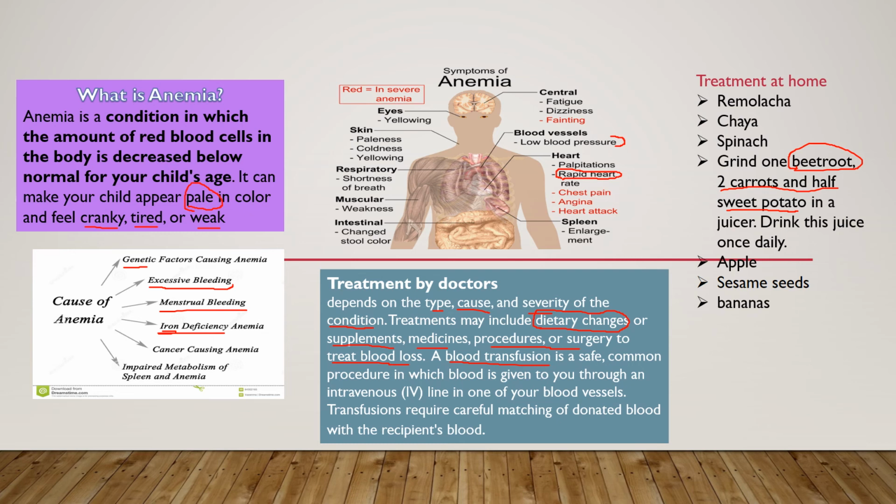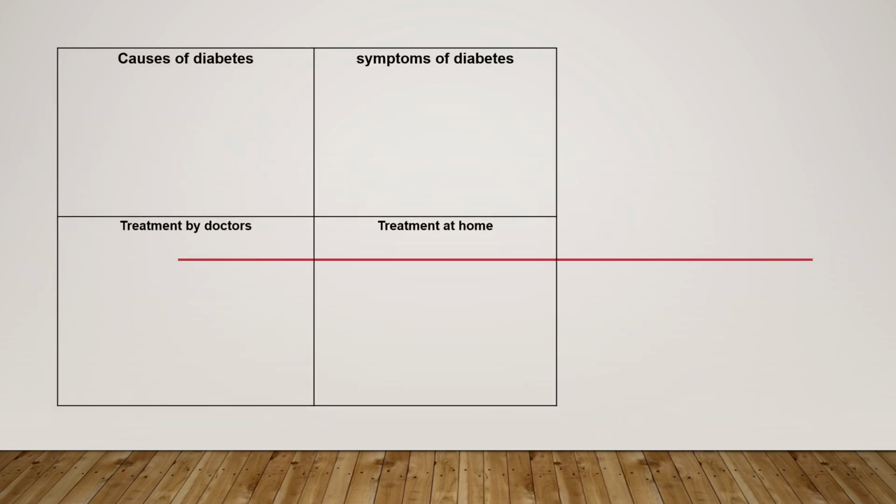Now students, you will go to your activity there. You will see a little table like this, causes of diabetes. So now you're going to go and do some little research. Since you have your phablets, you can do your little research on causes, and then you're going to write about 3 or 4 causes of diabetes.